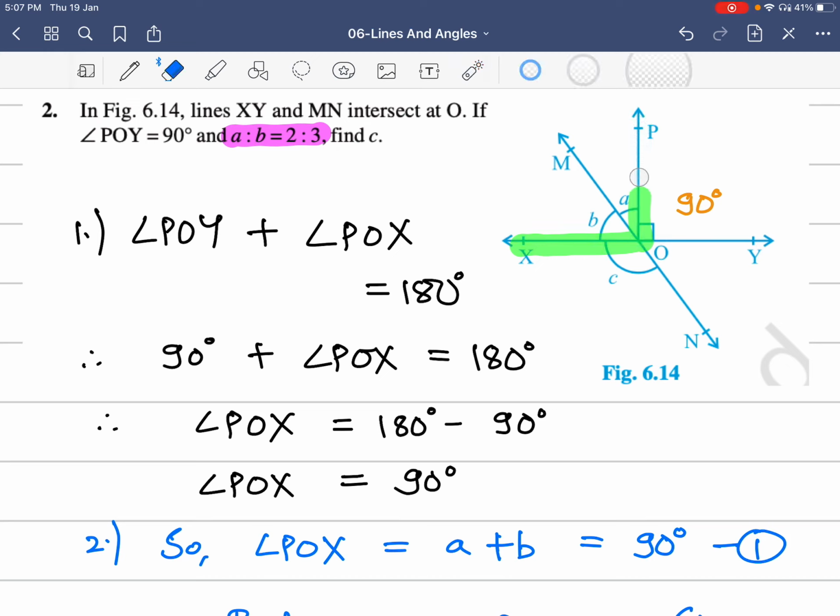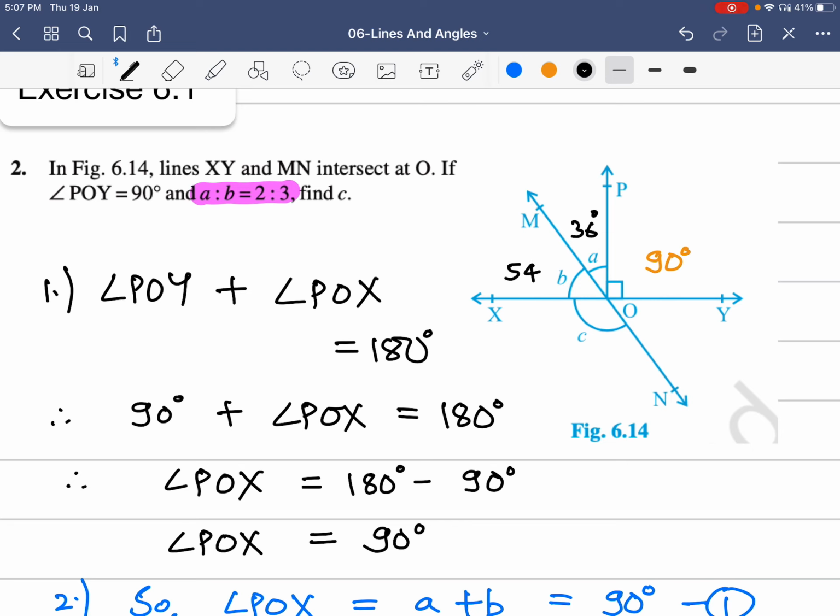First of all, let's get rid of this highlighter. Now I'm going to mention the values of A and B here. B is 54 and A is 36. So this is 36 degree and this is 54 degree. Now if you note these two angles, I'm going to highlight this angle, which is angle B, and this angle.